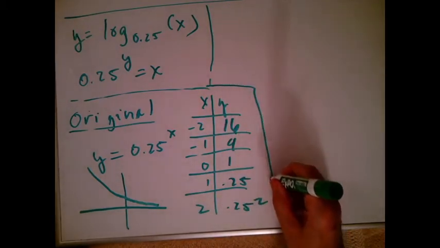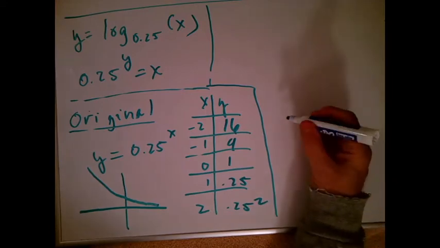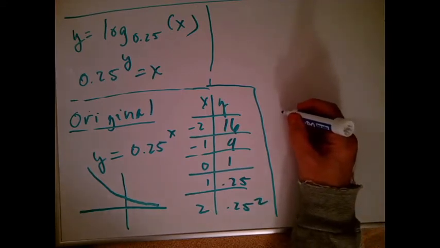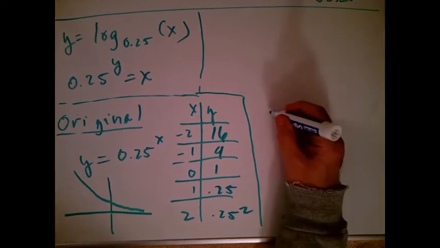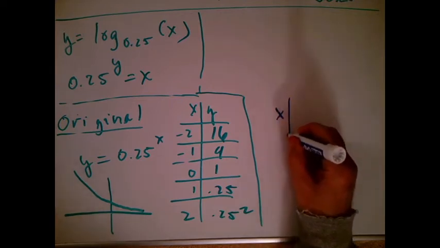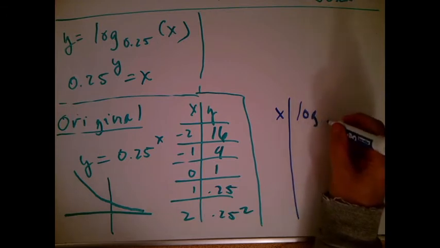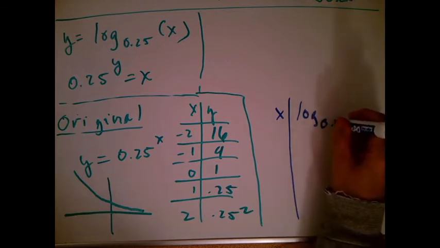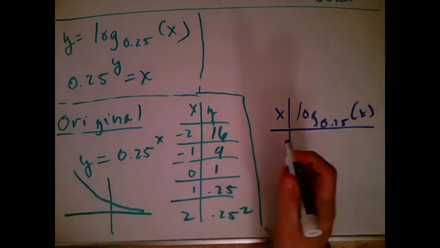Now, how hard is it to get the data we want? Well, we just switch the x's and the y's. That's not going to kill us too much. Let's put this down here. How about this? X, and then instead of the exponential function, we want its inverse, which is this. But we don't have to think hard to get it. We just need to switch all these x and y values.